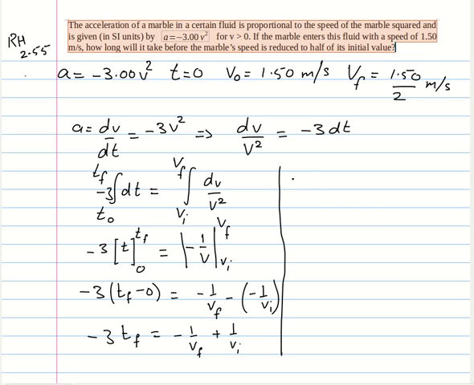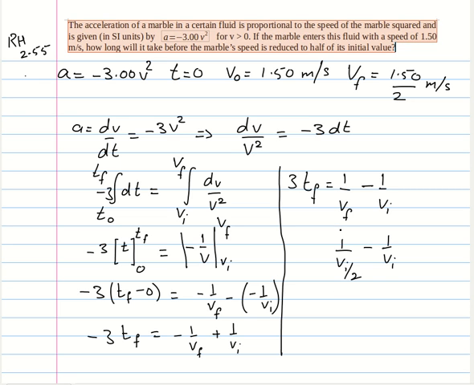Or we can write it like 3 tf is equal to, we just multiply this by -1 also, so we get 1 by vf minus 1 by vi. So now we already know vf and vi. We have vf equal to vi by 2, so 2 by vi minus 1 by vi.